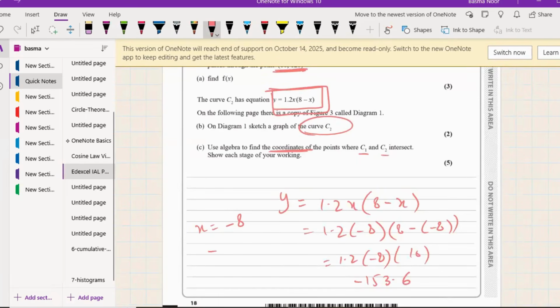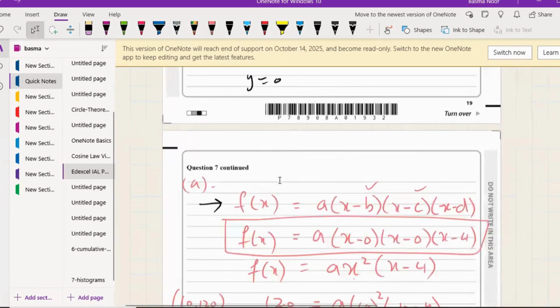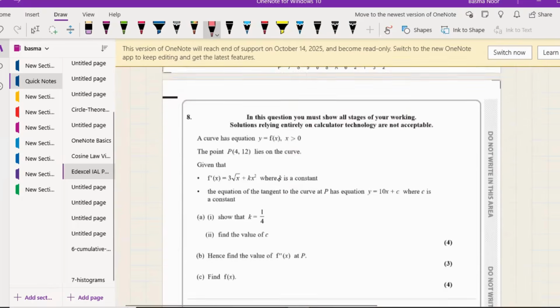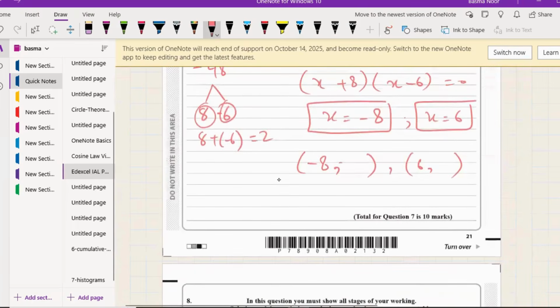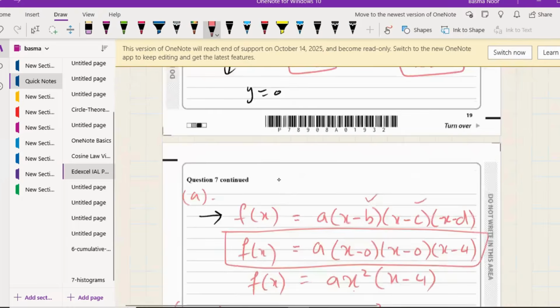So when x is negative 8, y is negative 153.6. So this is one of the points, right? When x is negative 8, y is negative 153.6. Okay, when x is 6, what is going to be your y?